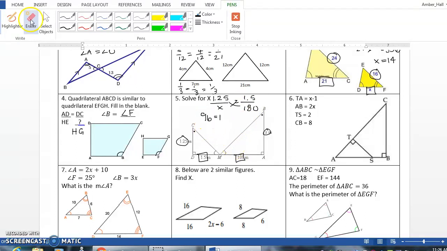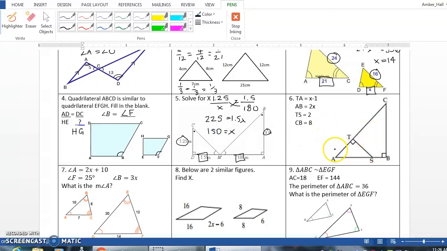Cross multiply and you get 225 equals 1.5x. Divide by 1.5 and x equals 150.